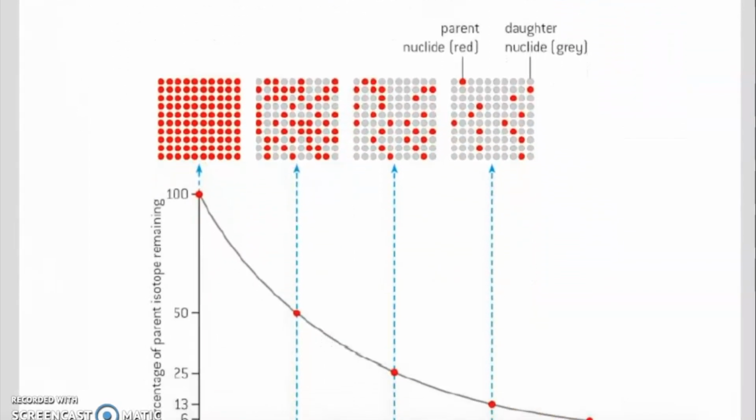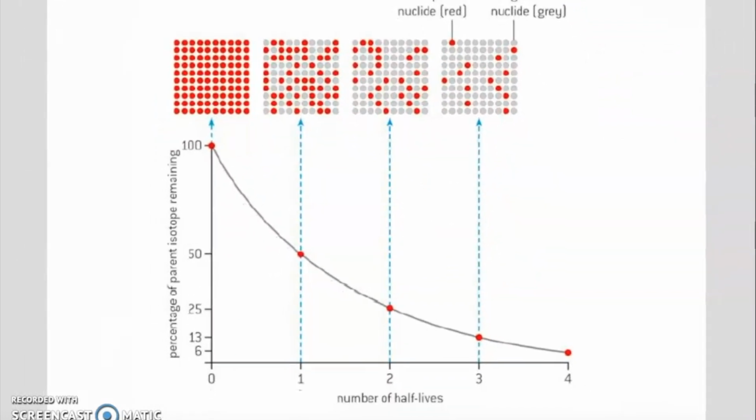So what you were seeing in the PhET was a graph, something like this, number of half-lives, or sometimes we simply put time, on the x-axis, and the percent of the remaining parent isotope on the y-axis. The first half-life reduces 100% down to 50%. And then you're reduced again by half down to 25%, and again by half down to 12.5%, and again by half down to 6.25%, and so on.